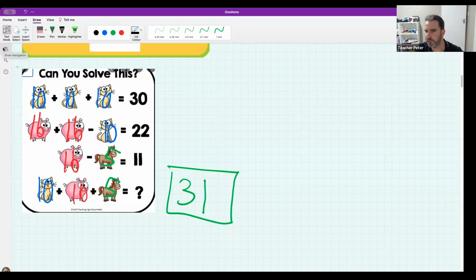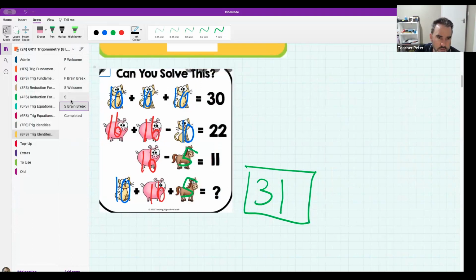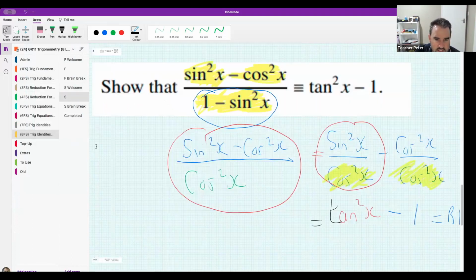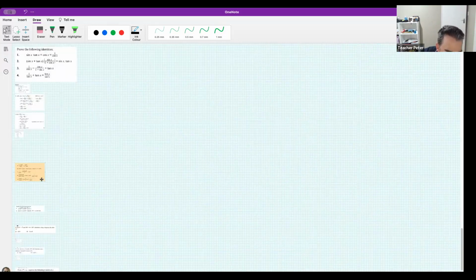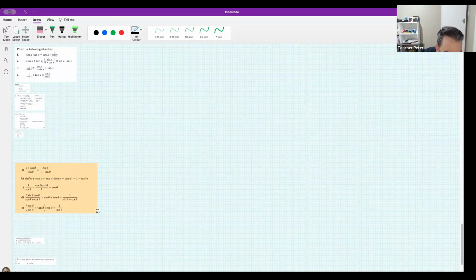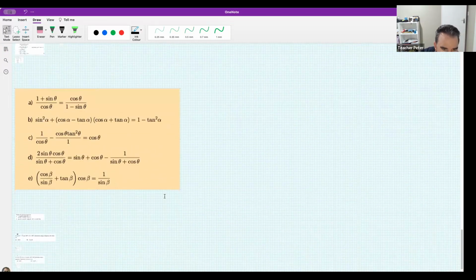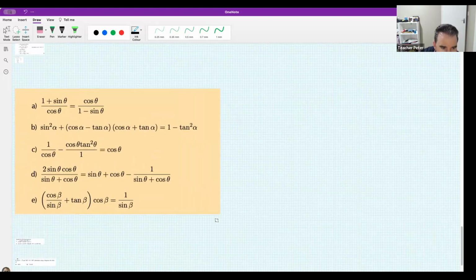Okay, we're just going to do 15 more minutes of trig identities, because I know these are a bit taxing. Let us see what selection. Should I choose number 4 or should I choose from here? Let's choose from here.